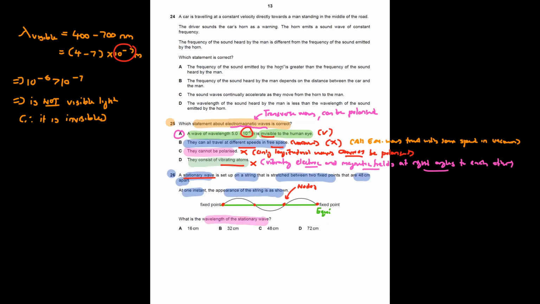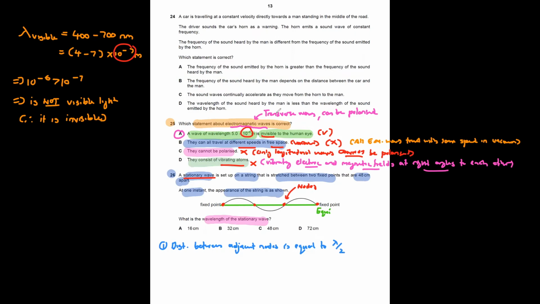If you recall what you learned for stationary waves, it was already mentioned many times before that the distance between adjacent nodes is equal to half wavelength.